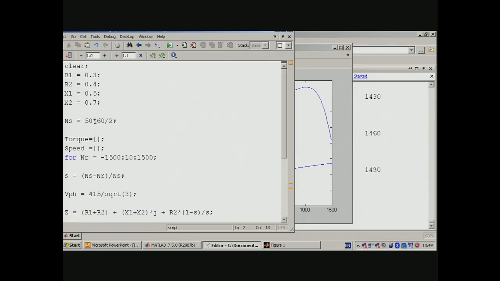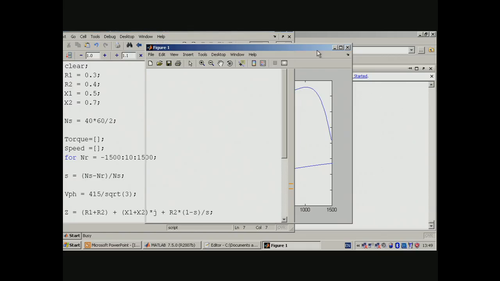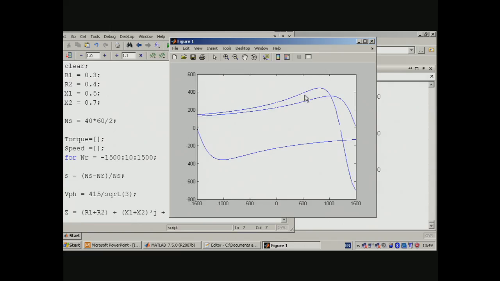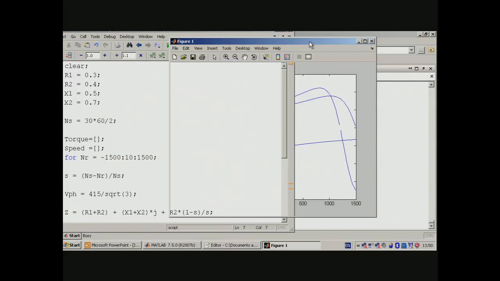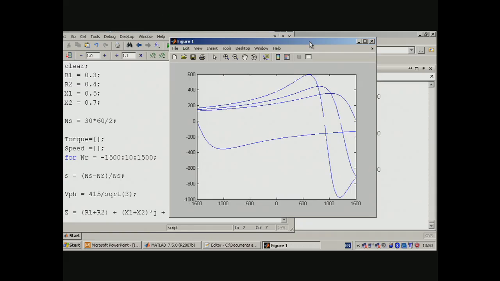But if you were to change the frequency to 40 hertz, for example, you'll find that the torque-speed profile shifts and the peak point goes up a little. If we change it to 30 hertz, the synchronous speed is now changed to a different value.